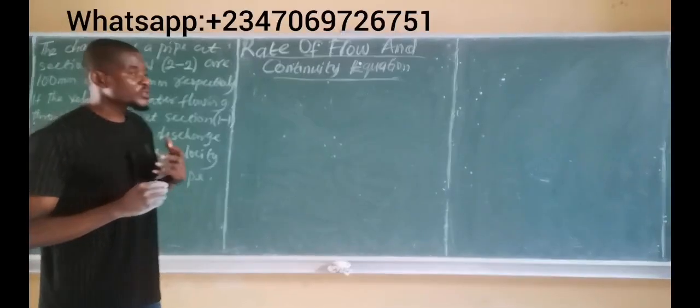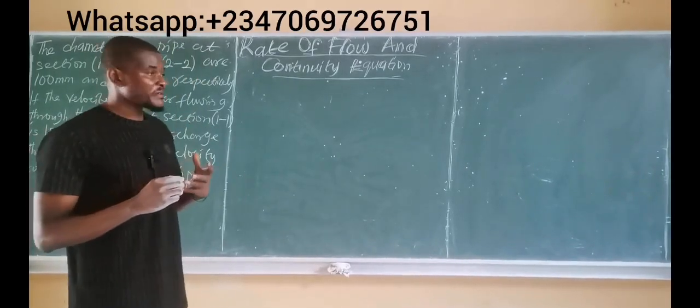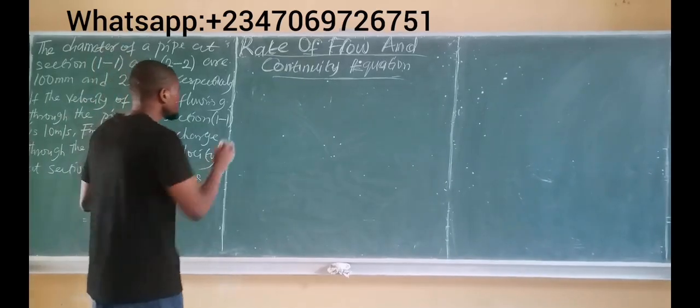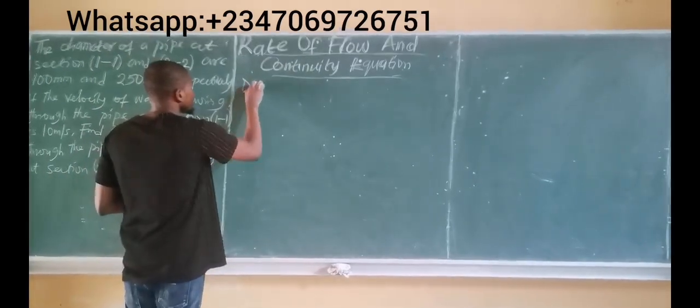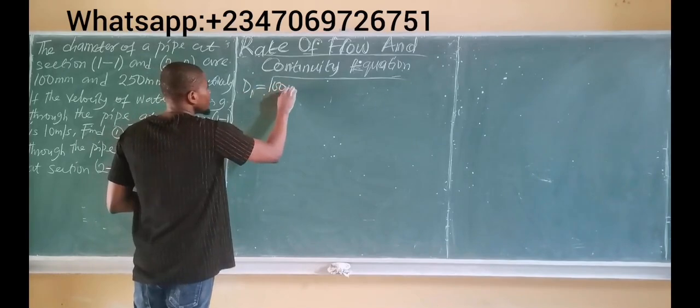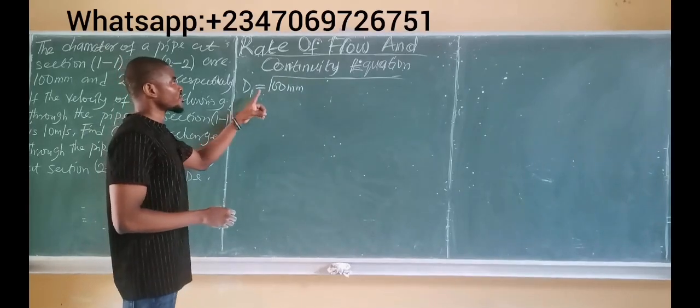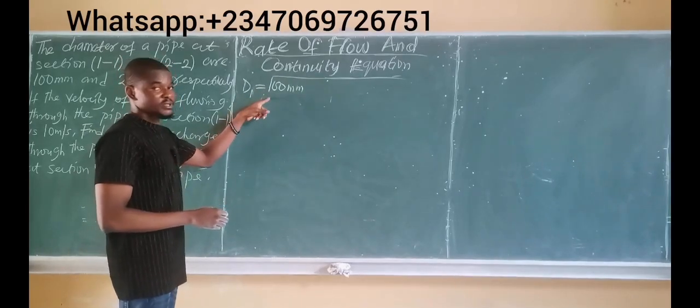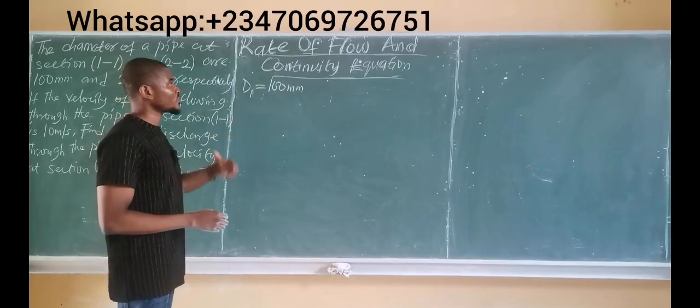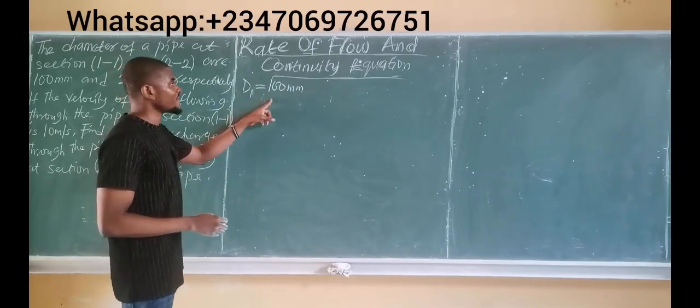Okay, so let us draw the pipe section and see what it looks like. The first diameter D1 was given to us as 100 millimeter. You can convert this to meters simply by multiplying by 10 to the power of minus 3, or dividing by 1000.